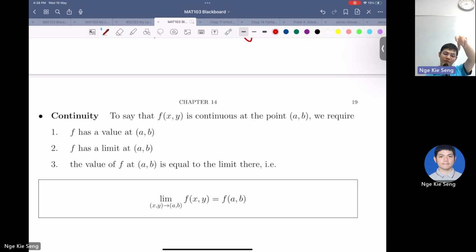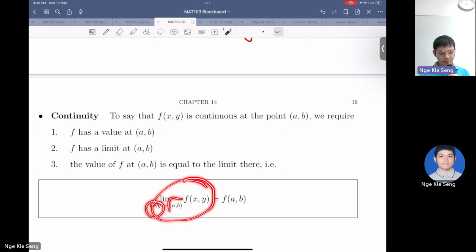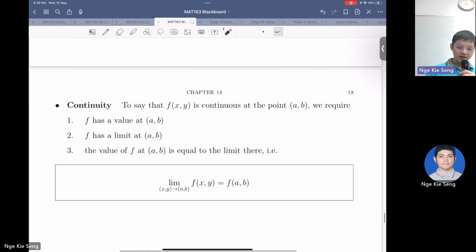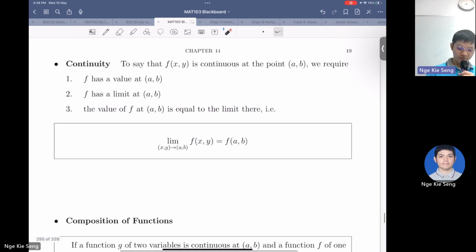If the value of f at (a,b) is equal to the limit there, which is the limit of f(x,y) as (x,y) approaches (a,b), then we say that this function is continuous. This idea needs to sink in to your mind.